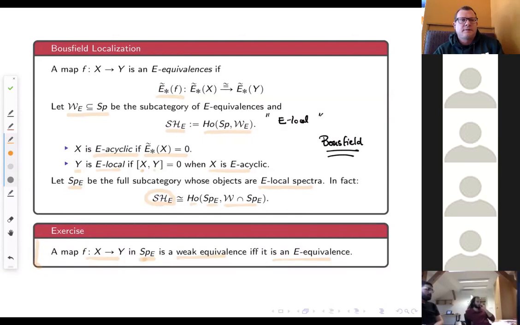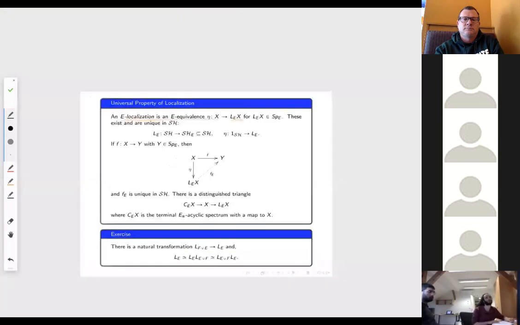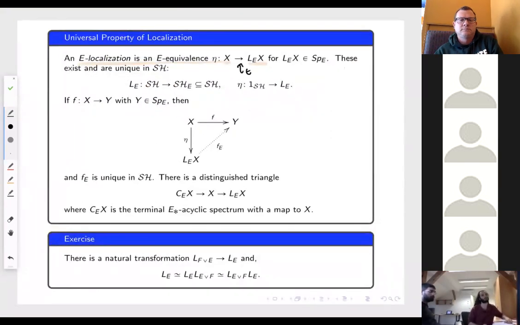Yeah. All right. So what's the universal property of localization? I'm going to make one more definition. An e-localization is an e-equivalence from X to LEX. In particular, this is an E star isomorphism, and this thing is local. So you replace X by something that's e-local, but E star doesn't see the difference between X and that thing.